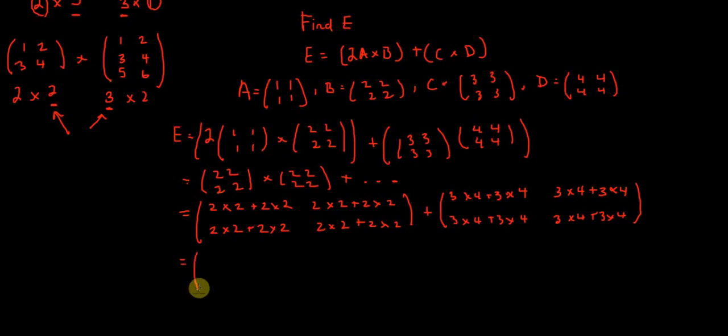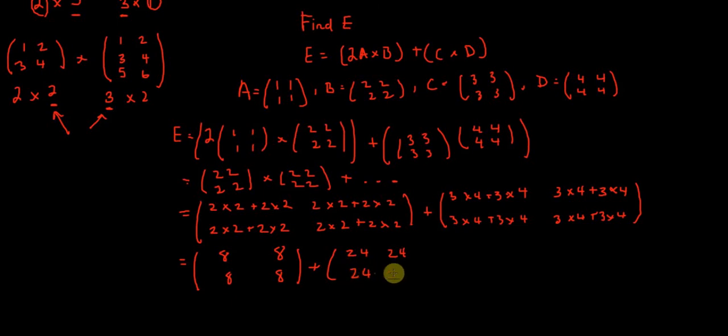For further computing, we're going to get this to be 2 matrices. The first one is a 2 by 2 of all 8s, and the second one is going to also be a 2 by 2 of all 24s. Okay.